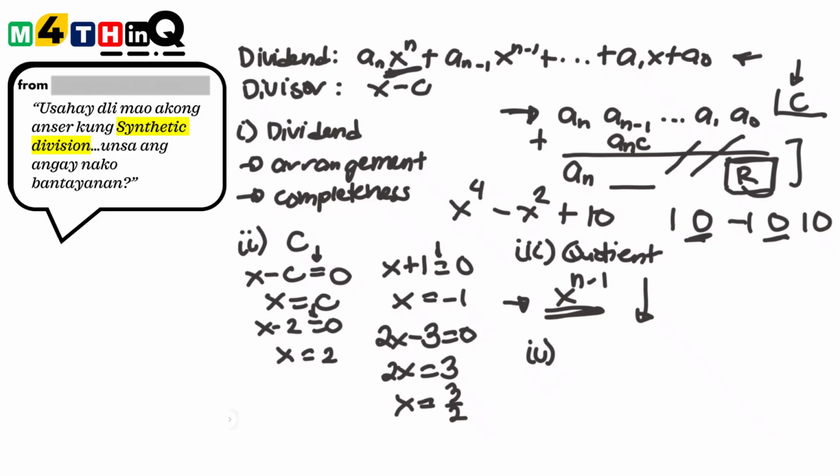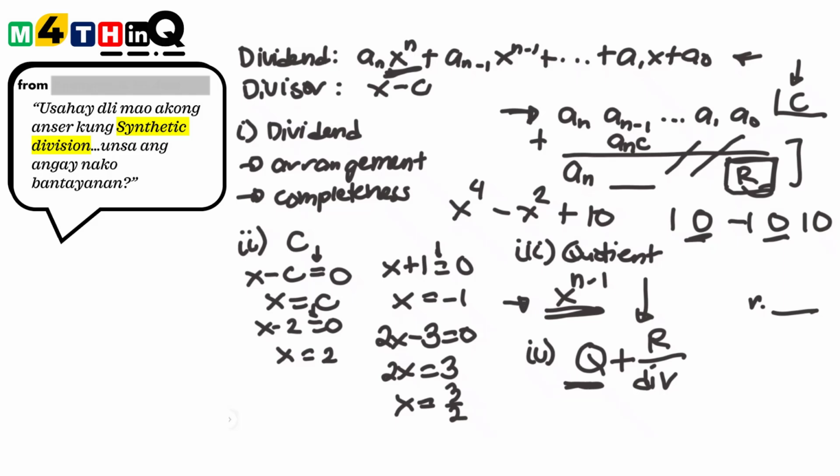The general way of writing your quotient is to write your quotient here. If you're going to include the remainder in one expression, you will have remainder over your divisor. Others will just simply write the remainder, whatever it is, but others will write the quotient plus whatever your remainder is divided by your divisor, whichever it is, x minus c, or just like this. That is how you write your answer.